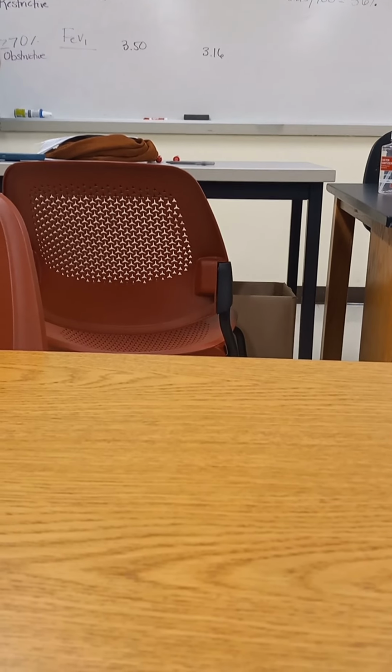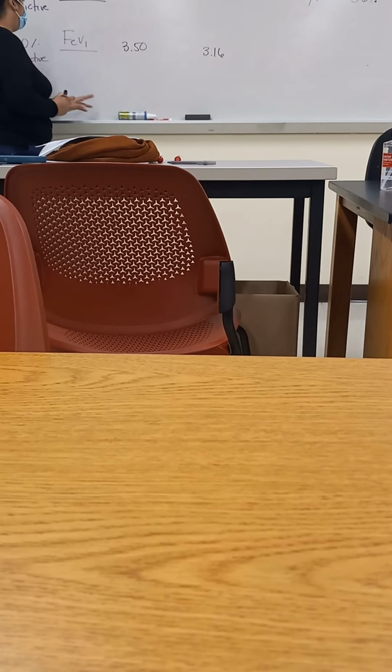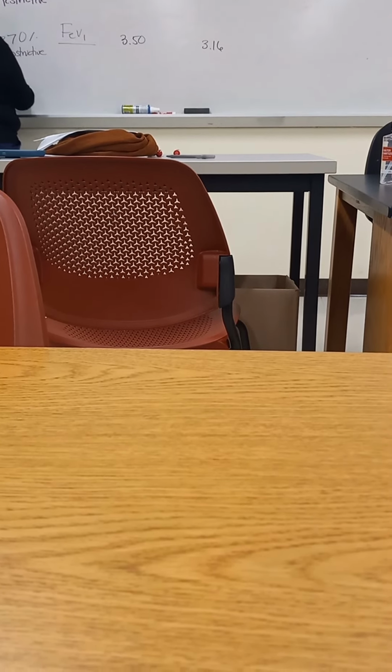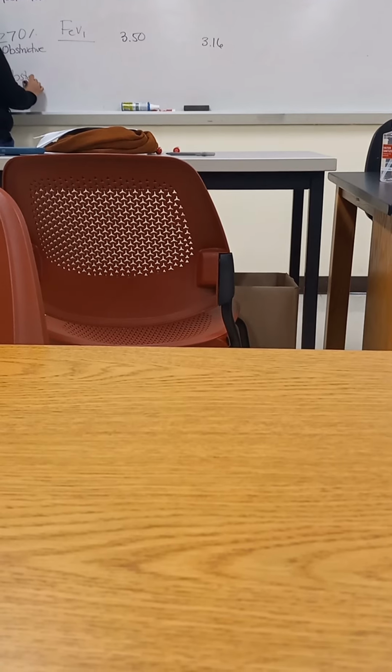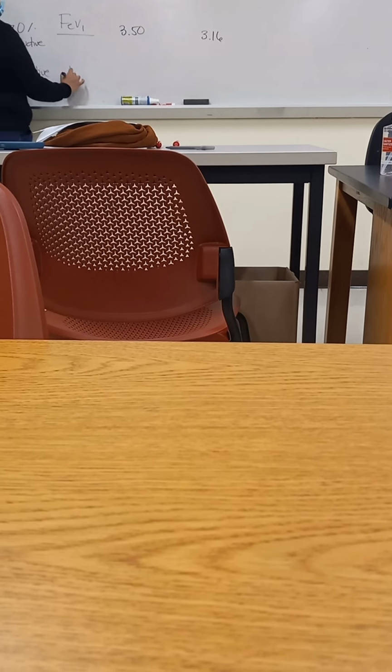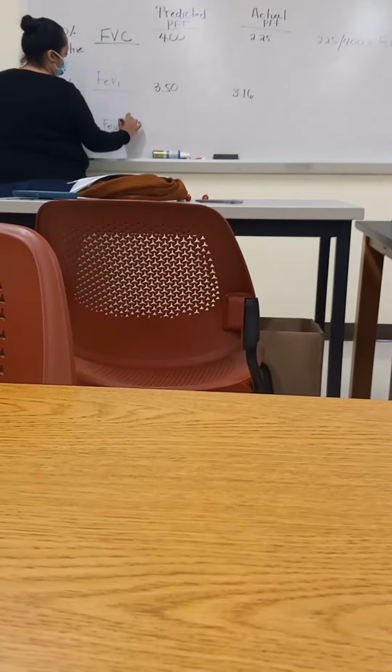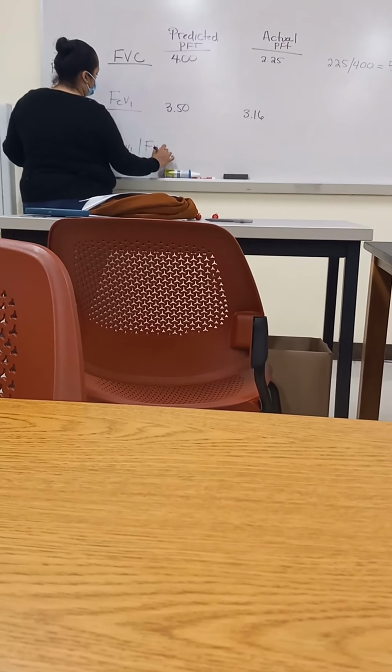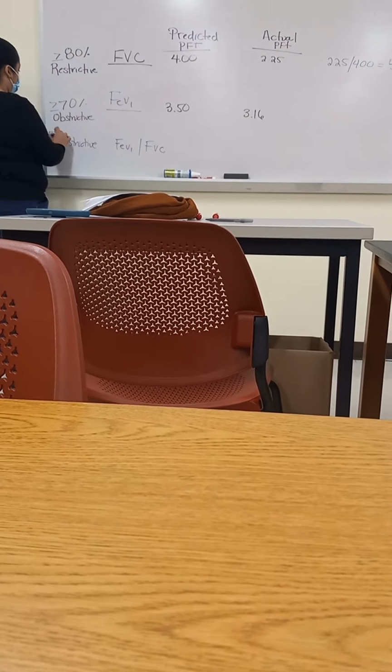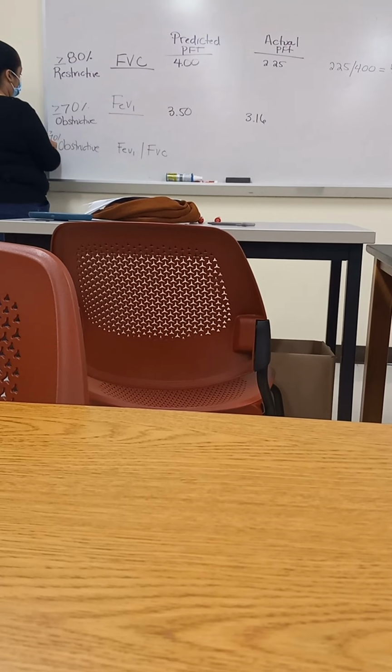This one tells us about obstructive, this one tells us about restrictive, okay? And then remember, I also need my ratio, very good to classify if we have obstructive. And this one should be 70% too.